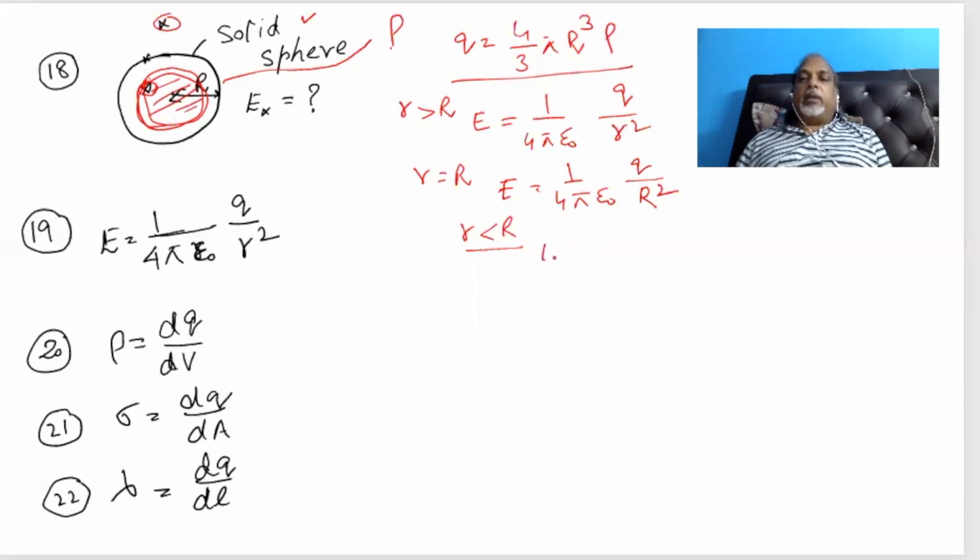In that case, E will be 1 by 4 pi epsilon 0 Q r upon R cube.